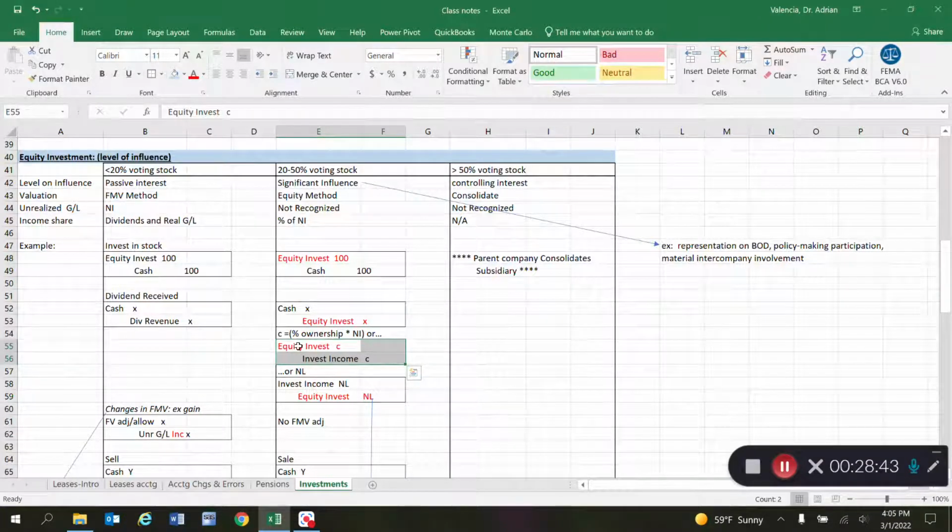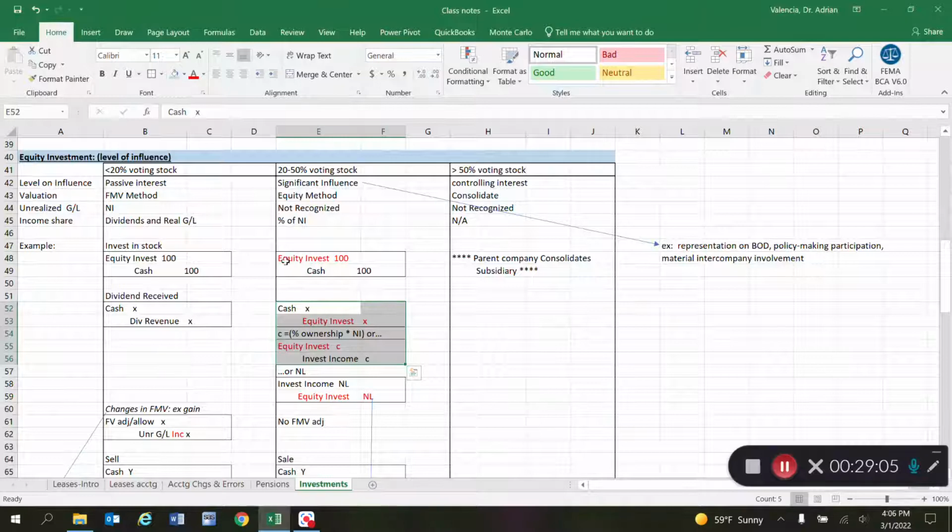Now, this might make more sense when you receive a dividend. Technically, it's coming out of that net income that you recognized. And because it's coming out of that net income that you recognized, it reduces equity investment. So when you look at these two together, this one here is how you account for dividends received.